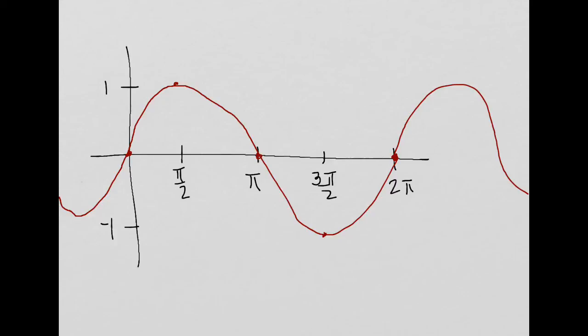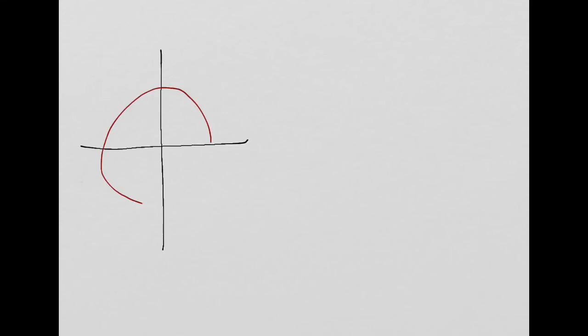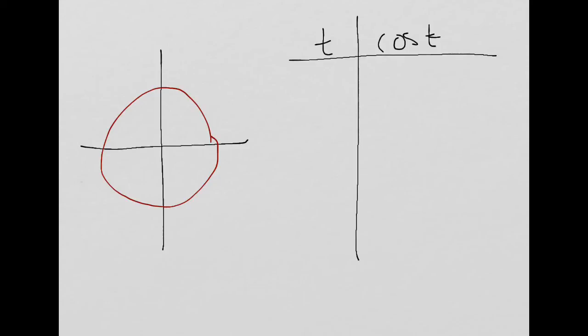And for the cosine, we're going to expect some similar behavior, but we need to be aware that the values of the sine and cosine are different. In the case of the cosine, again, unit circle, looking at values for t and cosine of t.